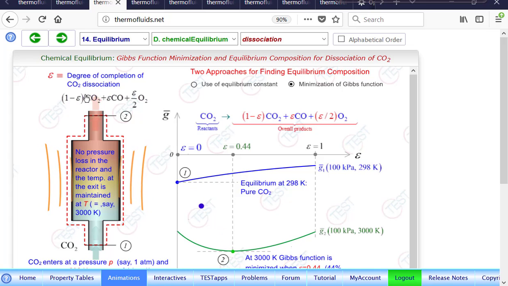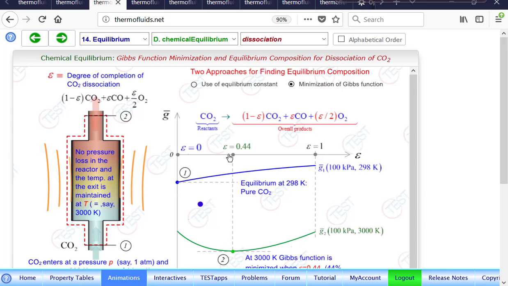Anyway, once you pick up a list of species, the idea is that we find the Gibbs function at the given pressure and temperature the mixture is subjected to, in this case 3000 Kelvin. And then the Gibbs function is calculated for all possible compositions, and the one that minimizes Gibbs function is the equilibrium composition.